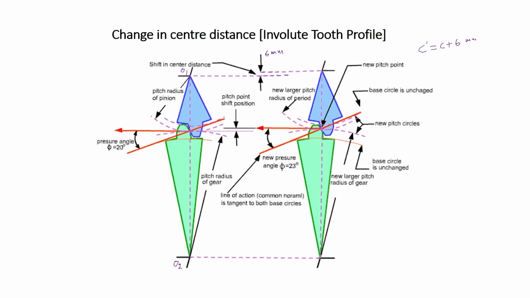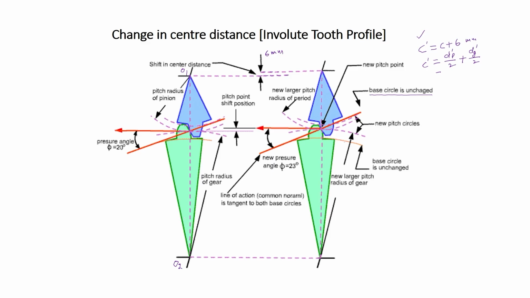Due to that, the base circle will remain unchanged, because the involute tooth profile is generated from the base circle, so it will not change. The pitch circles will change because the center distance is changed, and this changed center distance C dash equals the new pitch circle diameter of the pinion divided by 2 plus the new pitch circle diameter of the gear divided by 2, and C dash is equal to C, the old center distance, plus 6.